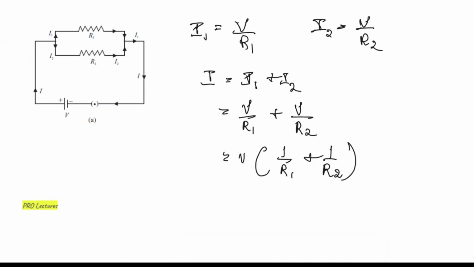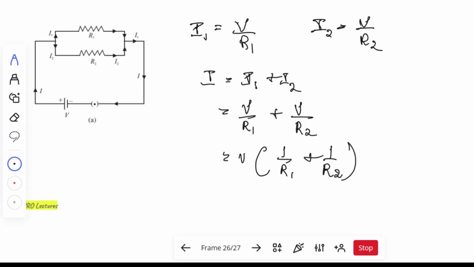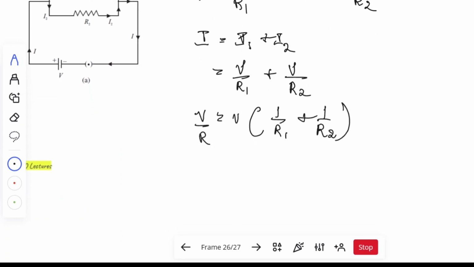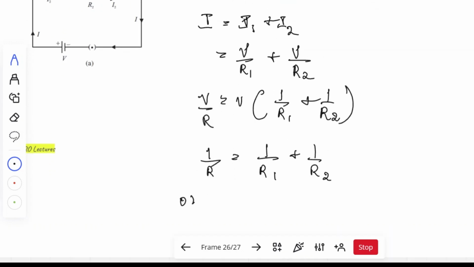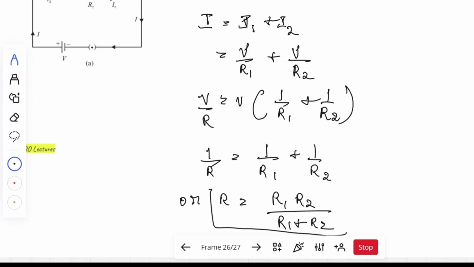If the equivalent resistance of the combination is R, then we can write V is equal to IR. So I is equal to V by R. Therefore, we get 1 by R is equal to 1 by R1 plus 1 by R2. R is equal to R1 R2 by R1 plus R2.